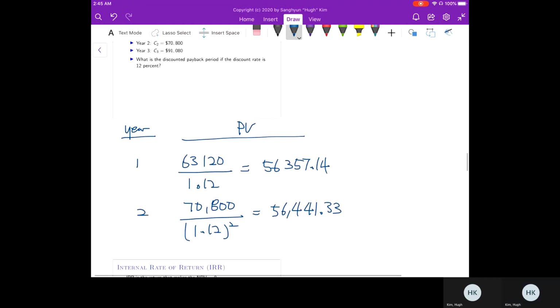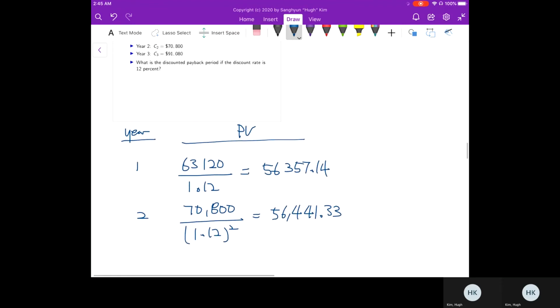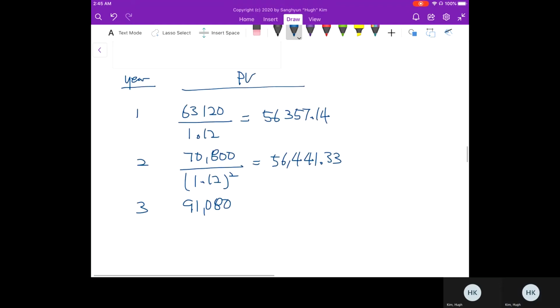In the third year, the cash flow is $91,080. So we discount this at 12%, 3 times, to get the present value, which is $64,828.94. So these are the present values of the cash flows.